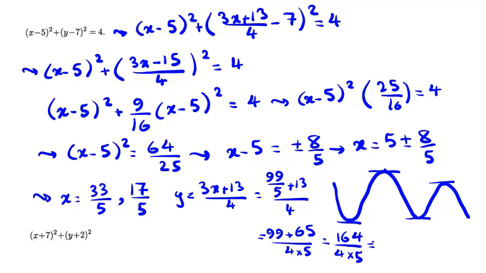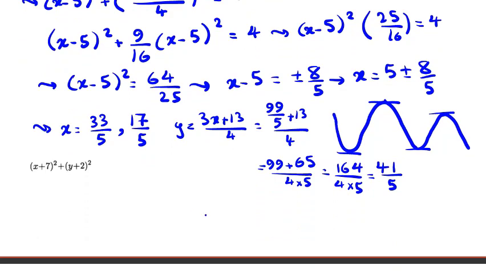The first one will be 41 over 5. And next case, if x is 17 over 5, it will be 51 over 5 again plus 13 over 4.